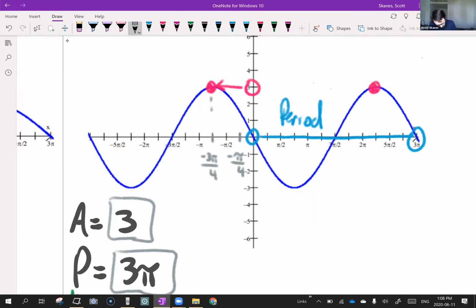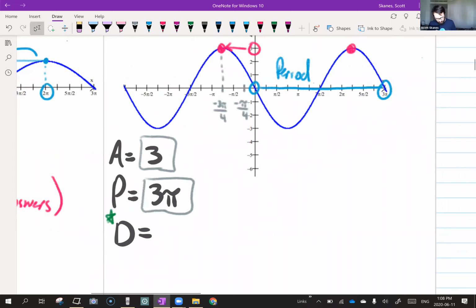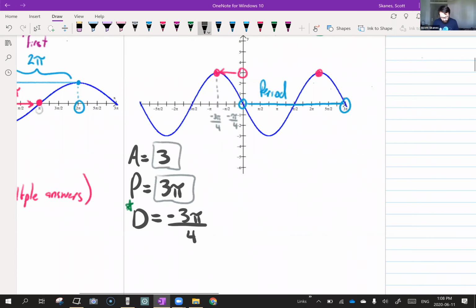And that's why we have negative 3 pi over 4 as our answer, which means you're right. Negative 3 pi over 4 is my answer. Or, if that doesn't suit you, if you don't like that one, go over to the other possible place you could start. Again, this is displacement.